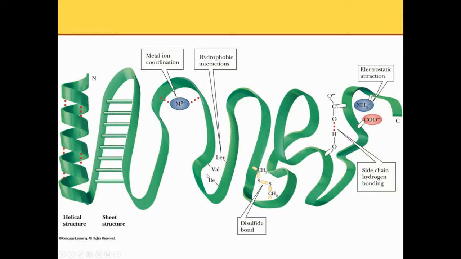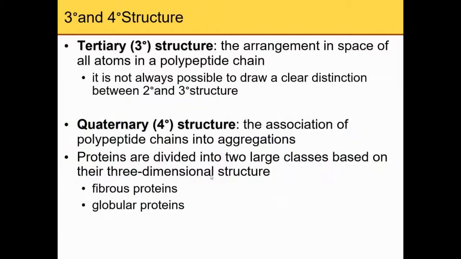So these interactions contribute to the tertiary structure. The tertiary structure is the arrangement in space of all atoms in the polypeptide chain, and the quaternary structure is basically the association of polypeptide chains into an aggregation, okay?